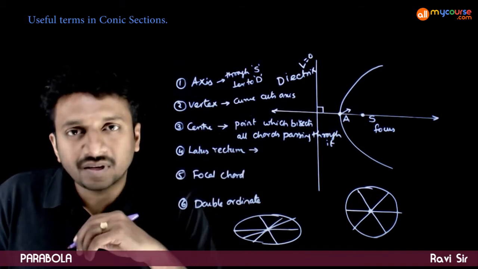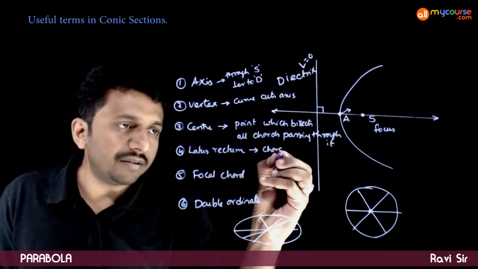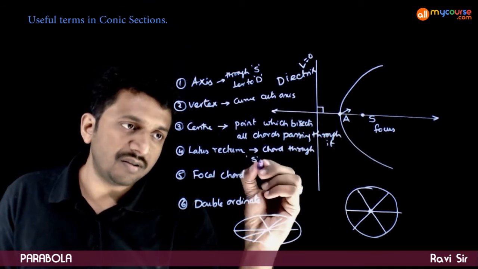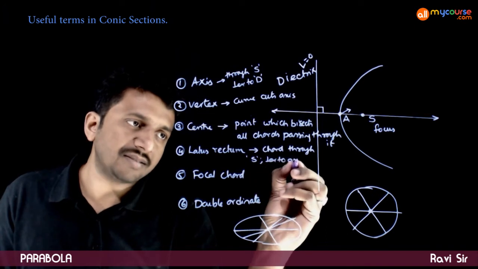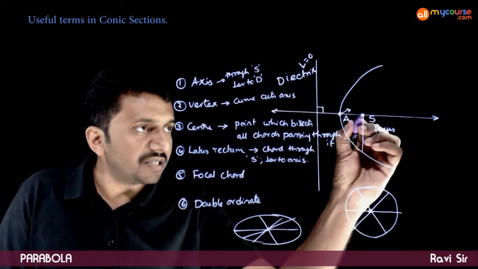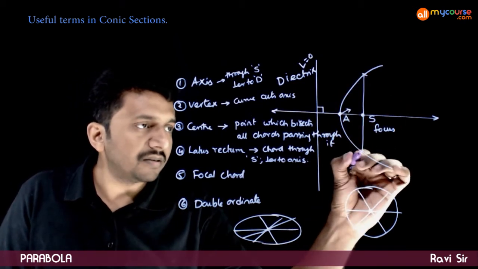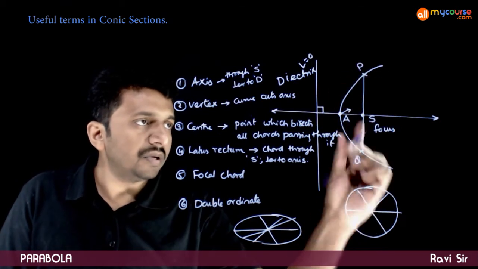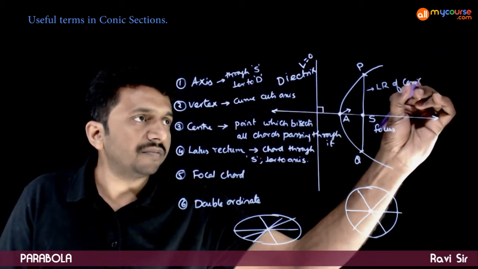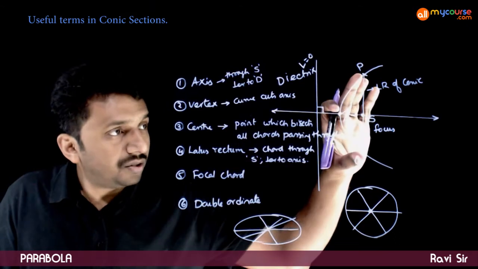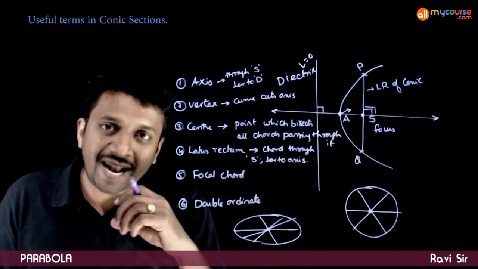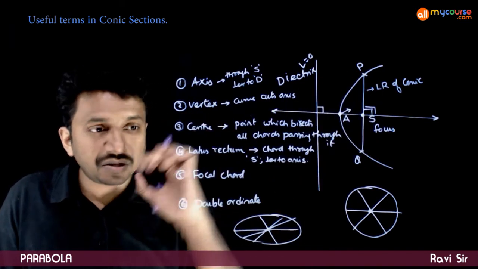Latus rectum. Latus rectum is the chord through the focus perpendicular to the axis. If I draw a chord through the focus which is perpendicular to the axis, and call it PQ, this is called the latus rectum of the conic, and the length PQ is called the length of the latus rectum.